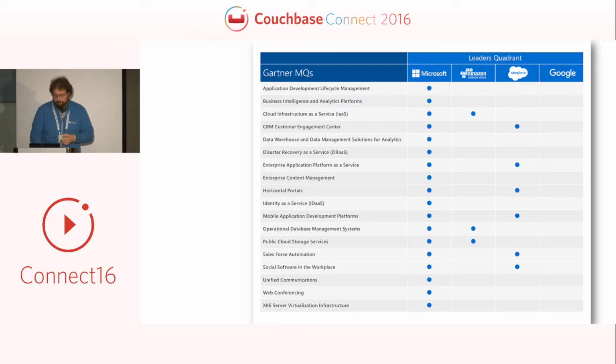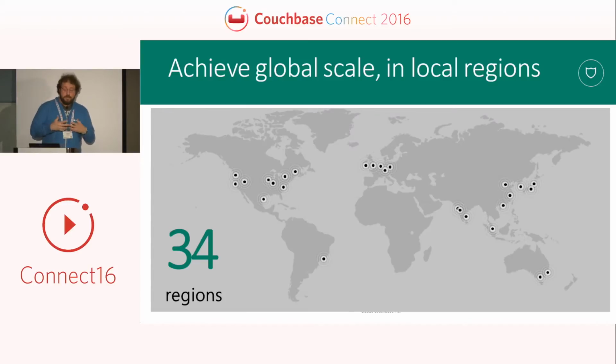And if you think just about Azure, we have Azure in 34 regions right now across the globe, so you can deploy your applications across those 34 regions. This is more regions than the other cloud providers combined, and we have both platform as a service and infrastructure as a service offers that you can use to run your application.